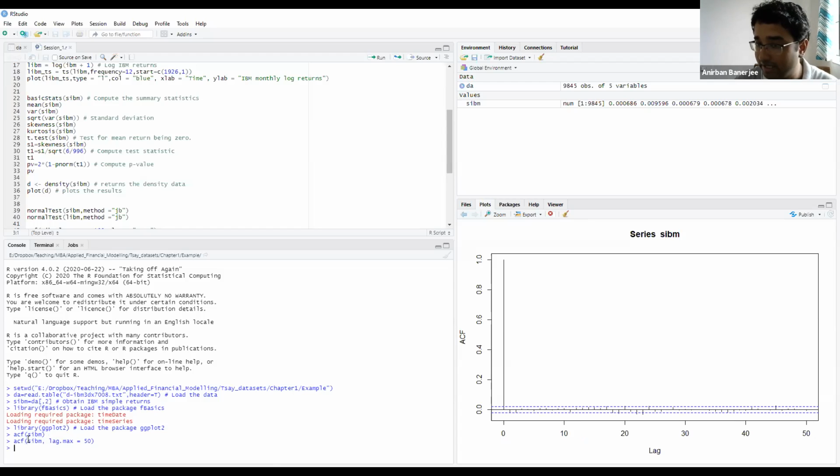In that case, it increases the x-axis range till 50. What I did last time, if I put lag max 100, I go till 100. The question is, this one value at lag 0 or order 0 is always going to be 1, so I ideally want to drop that.